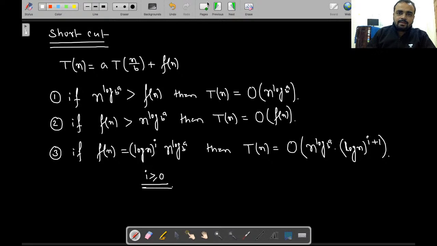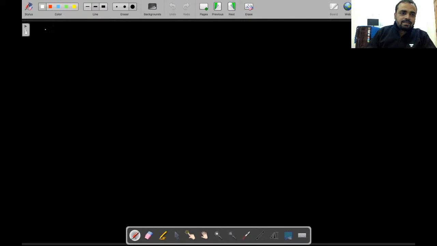Take an example, see over here. Suppose I am giving you an example number 4. Please try to understand. If it is given as T(n) is equal to 2T(n/2) plus n log n.